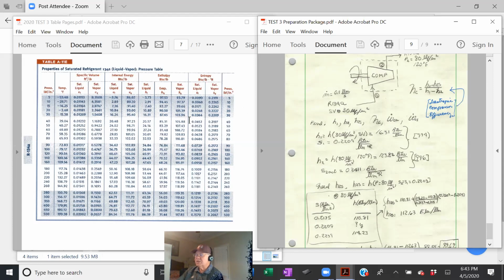Now notice how much smaller numerically these are than steam water. That doesn't necessarily mean that this has less energy. Well, actually it does, but the reason there's so much difference is because they're different reference points, I'm sure. But you're probably right, there's a lot more energy in steam water than there is in this Freon, or R134A. So there's H1, 103.96.